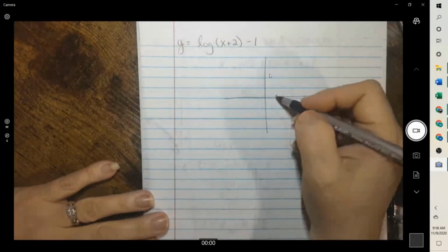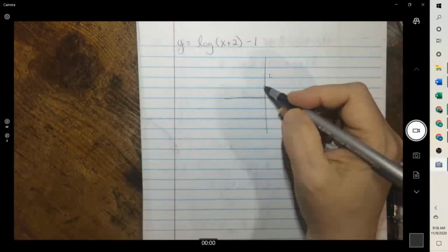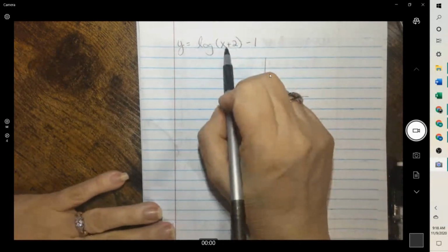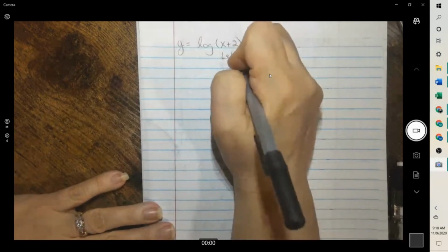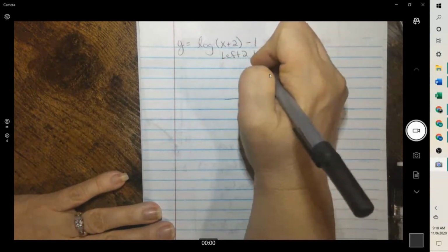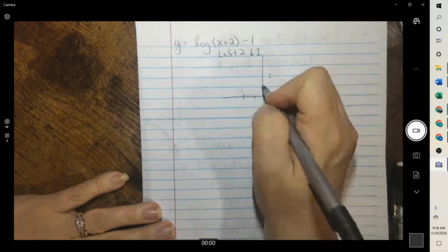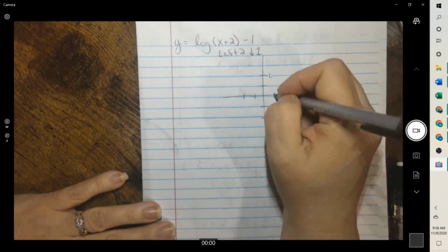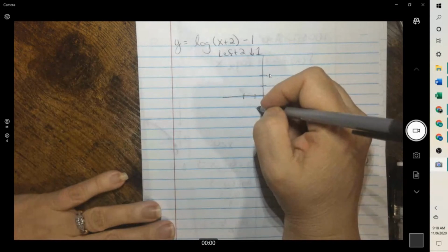For logs and natural logs, you're starting at 1 on the x-axis. Exponential, you start at 1 on the y-axis. This is going to move it opposite of the sign, left 2. This is going to move it down 1. So from here, we move left 2 and down 1.